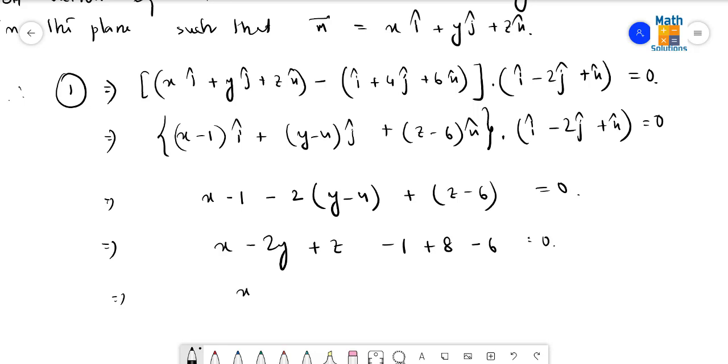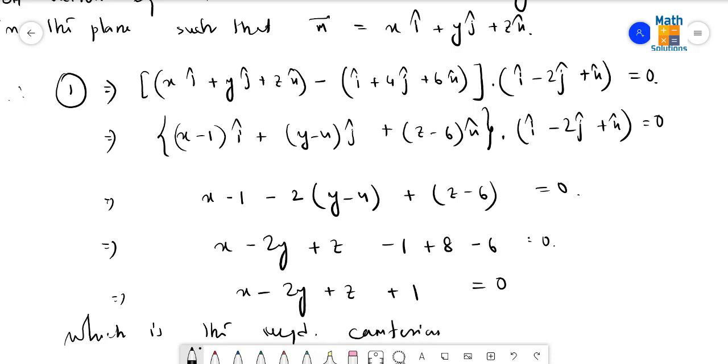So this will be ultimately x minus twice y plus z minus 1 plus 1 is equal to 0. So this is the required Cartesian equation. So this is how this number could be solved.